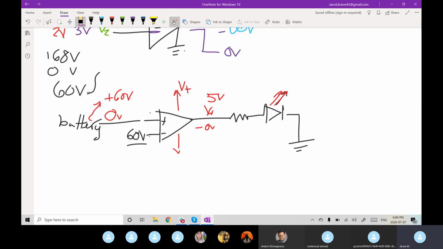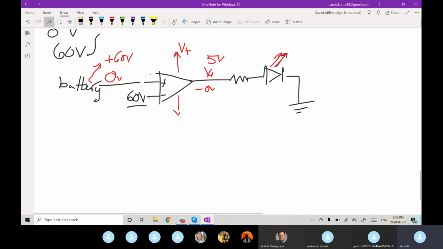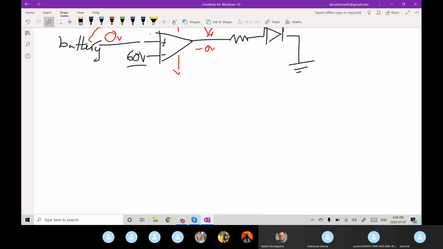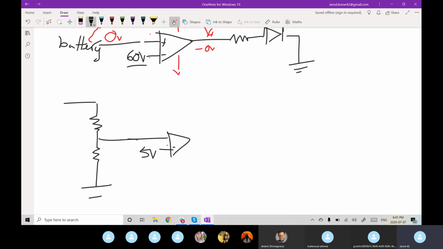Now, to avoid finding an op-amp that will allow 200 volts, the much easier solution we do is we supply 5 volts to our inverting pin, and we just create a voltage divider that's connected to battery.